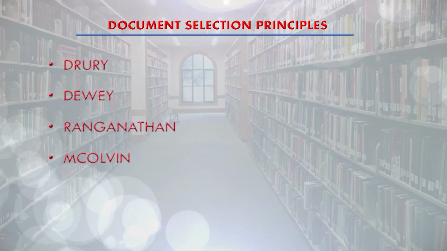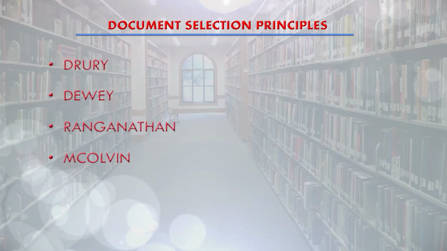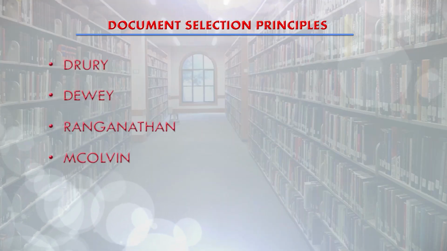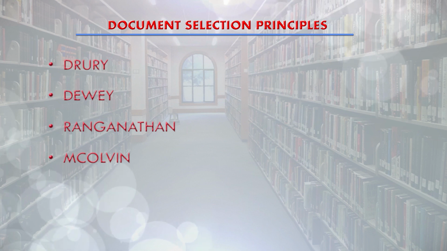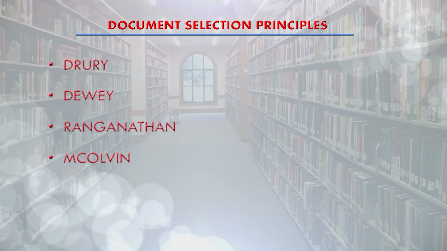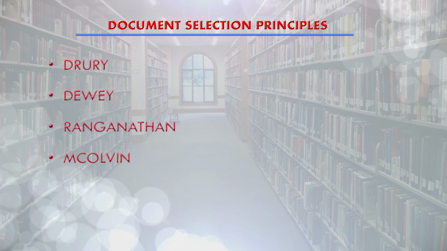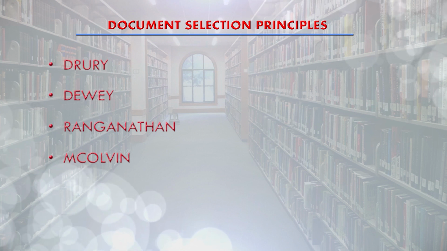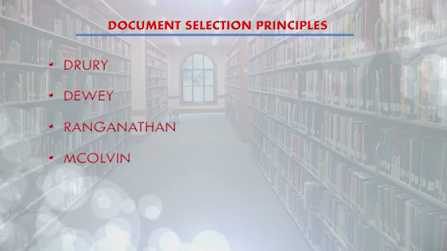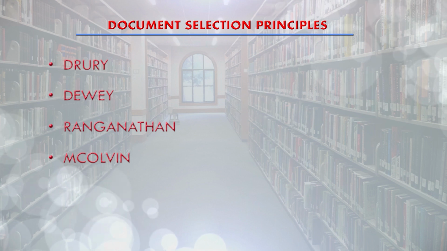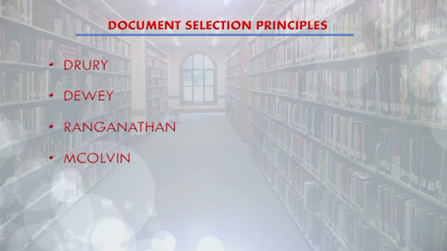Now, there are different document selection principles that we should know, and you see here on your screen the names of experts who have given document selection principles. On top of it, the most talked about, the most referred is Drury. Similarly, Melville Dewey has also given, and the father of library and information science from our country, Dr. S.R. Ranganathan has also given, and McAlvin has also given book selection principles or document selection principles.